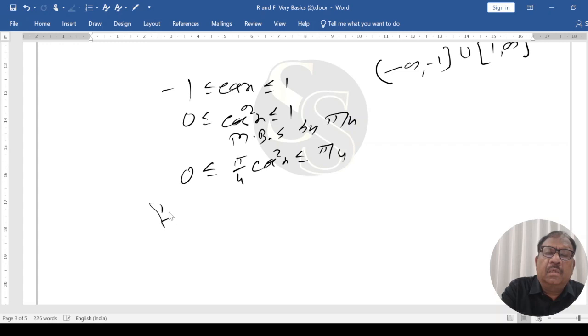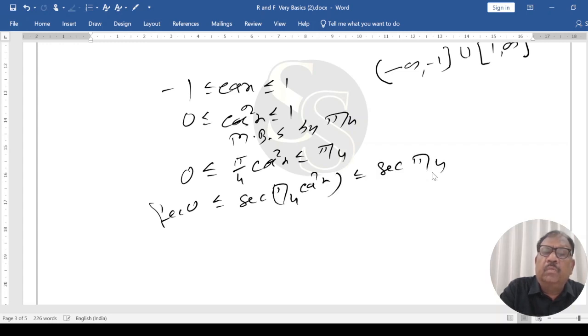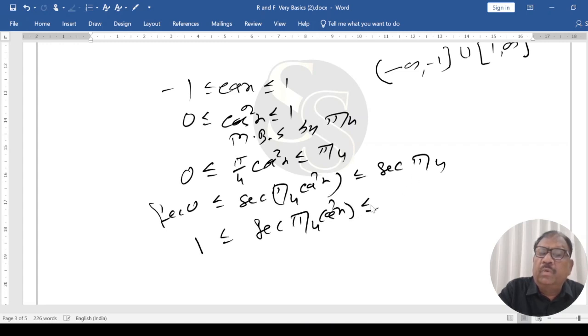Taking sec, sec 0 to sec of pi by 4 cos square x to sec of pi by 4. Sec 0 is 1, and sec of pi by 4 is root 2.